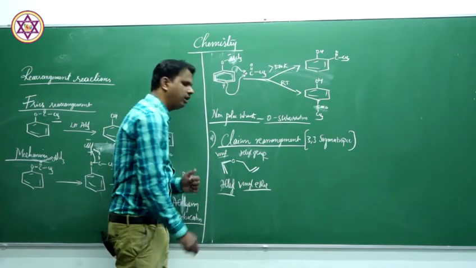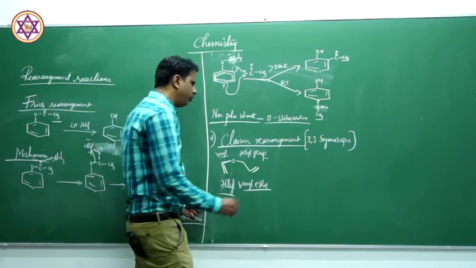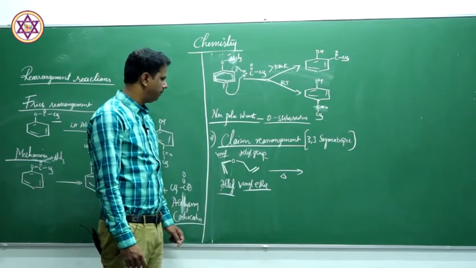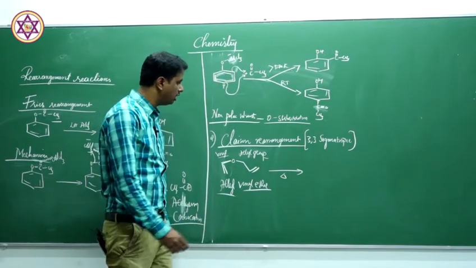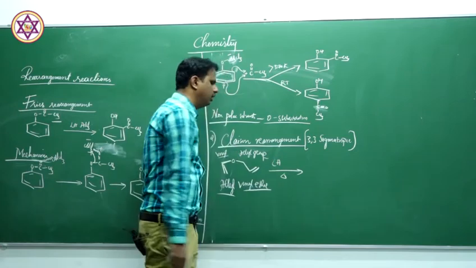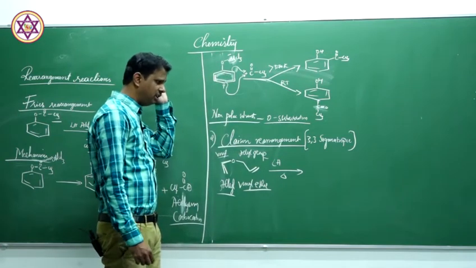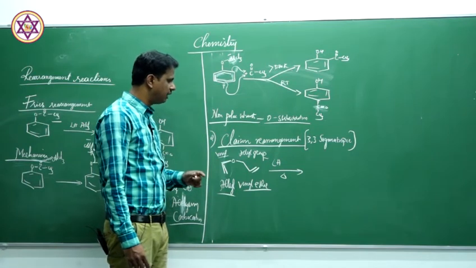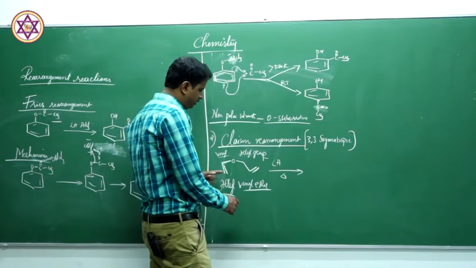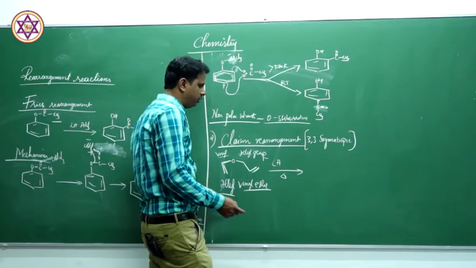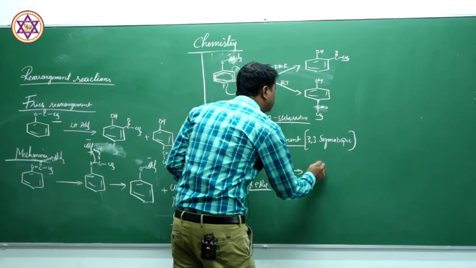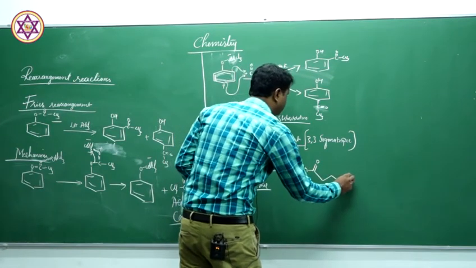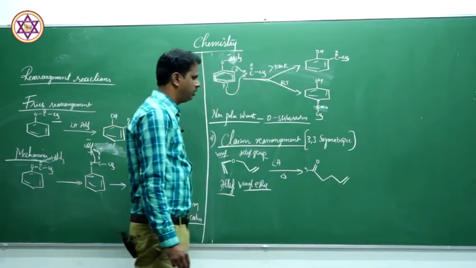Now what happens if you heat this allyl vinyl ether? You simply heat it, or else you can also add a Lewis acid catalyst, like BF3, AlCl3 or zinc chloride. Even if you add such a catalyst, this molecule rearranges itself to this compound.